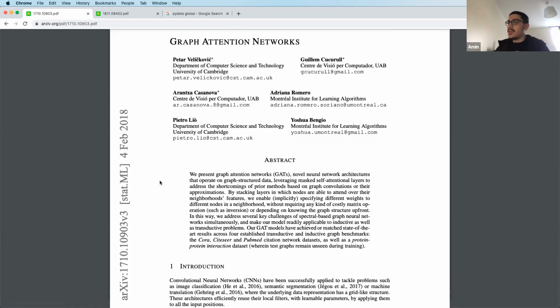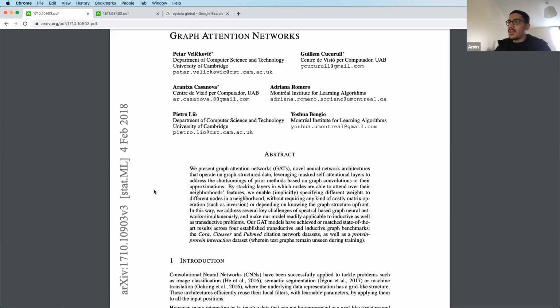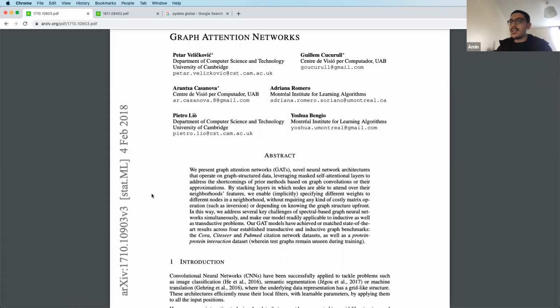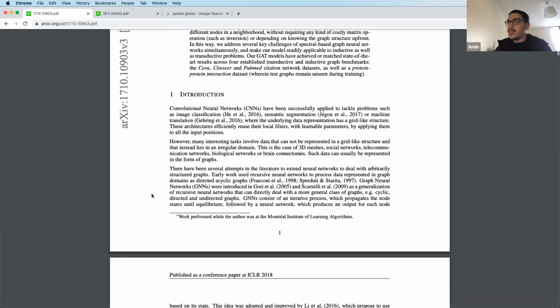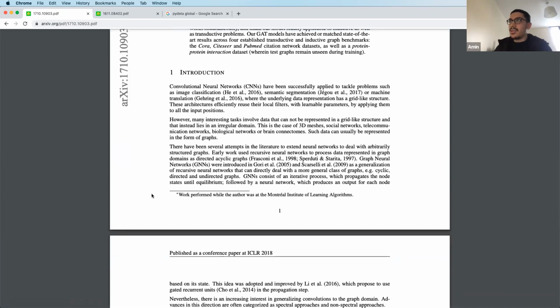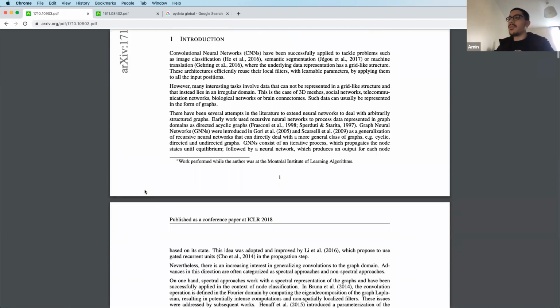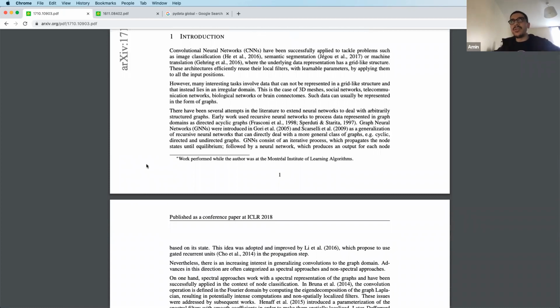So I think we've talked a few times about GNNs and attention mechanisms. So I will give a quick overview of GNNs and convolutions on graphs, and then we can jump straight into the model.